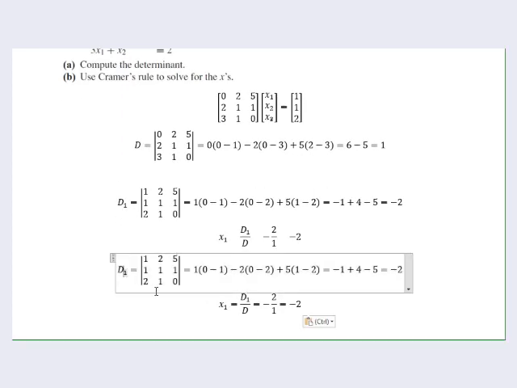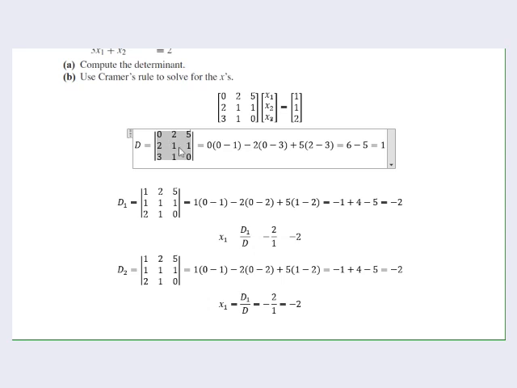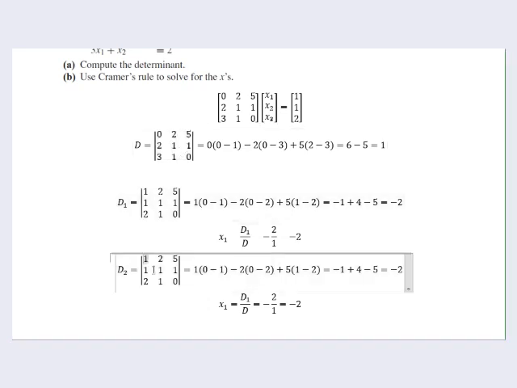In D2 now, I have the same A. Now I replace the second column with the B column, which is 1, 1, 2.